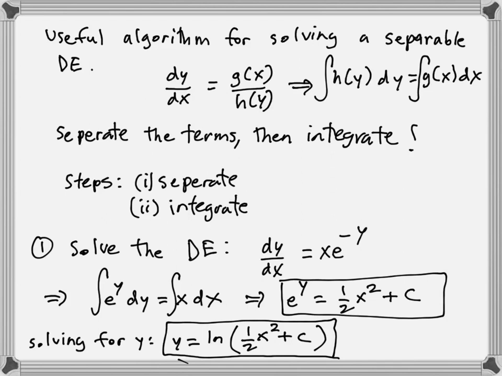Okay, let's try another example. dz dt plus e to the t plus z is equal to 0.